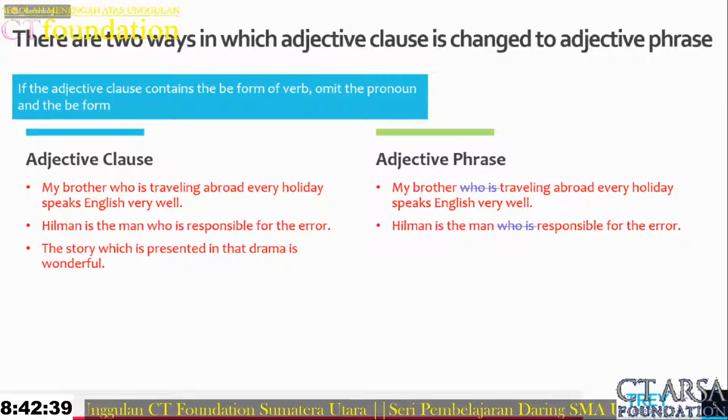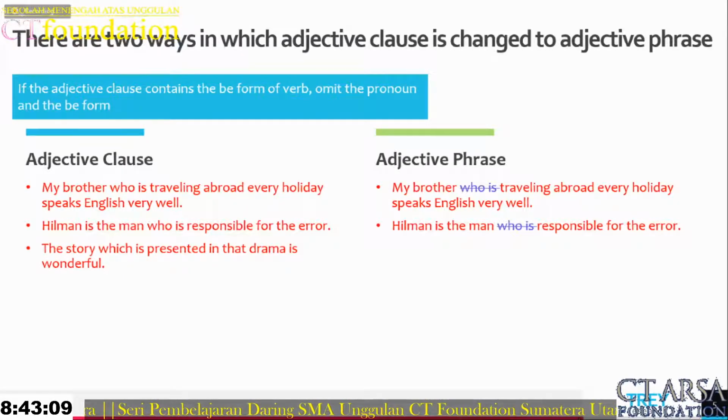Hilman is the man who is responsible for the error. Again, how do you change it into an adjective phrase? We drop or we omit. Omit meaning is kita buang, we drop it, we take it out. The relative pronoun, which is "who" here, and the be form.